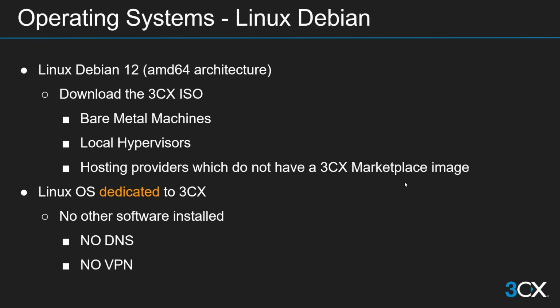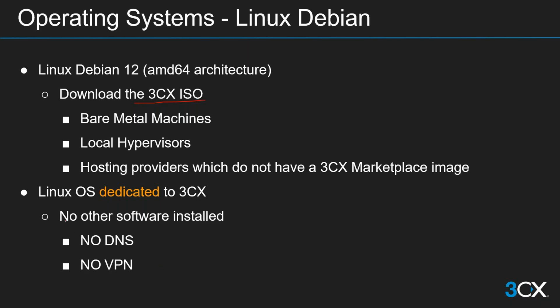Of course, you can also use a normal Debian 12 install and then use apt-get to install or download the 3CX repository that way. However, it doesn't make much sense because in the 3CX ISO, which you can download on 3CX, you have everything included that you need for the 3CX installation.